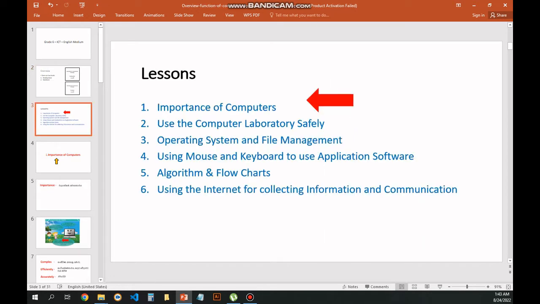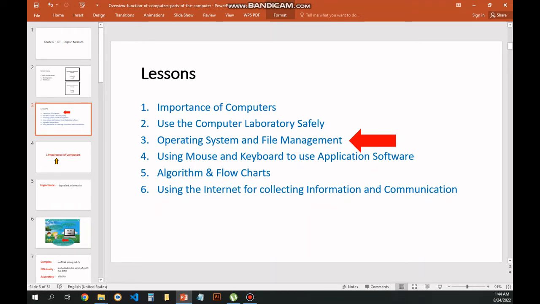All right, so these are the lessons available for us. The first lesson is the importance of computers. The second lesson is using the computer laboratory safely, that means how you're going to use the computer lab. Then the operating system and file management, how we're going to use an operating system and how to handle the files and folders inside your computer.